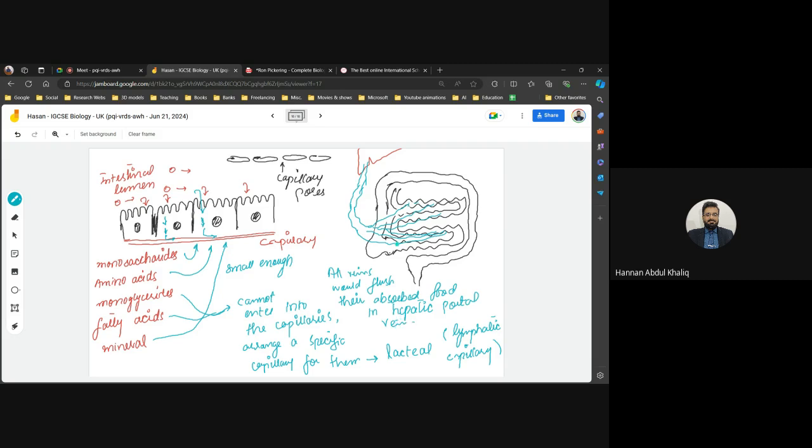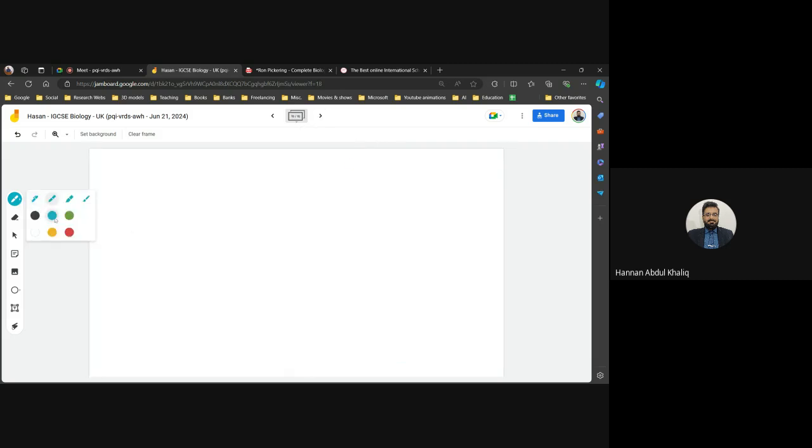Once it is absorbed by the hepatic portal vein, all the food would now go to the liver. This is not the intestinal vein. This is called the hepatic portal vein. All the veins combine here, and they end up in the liver.